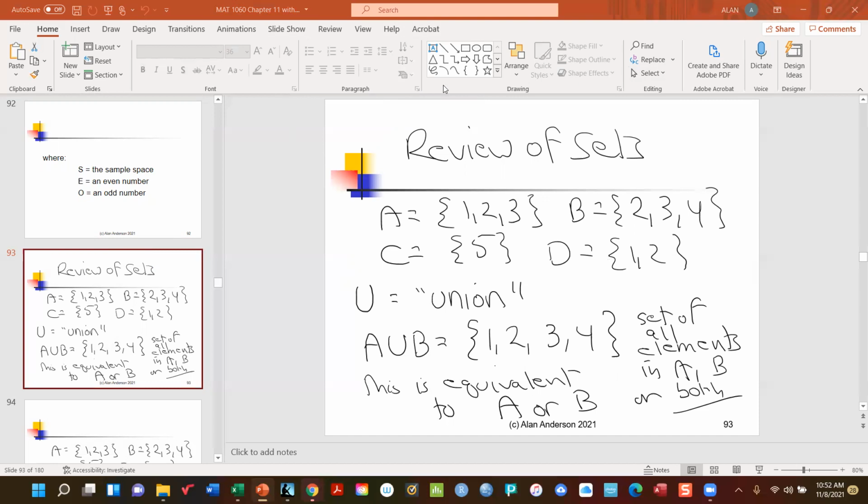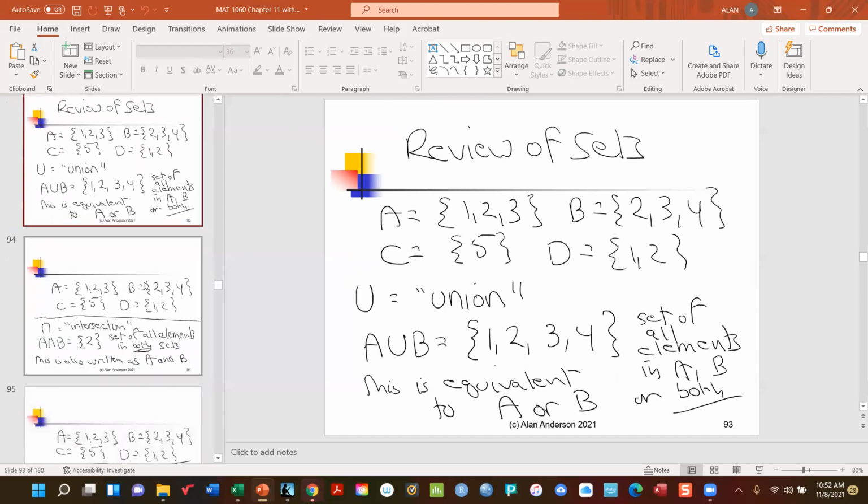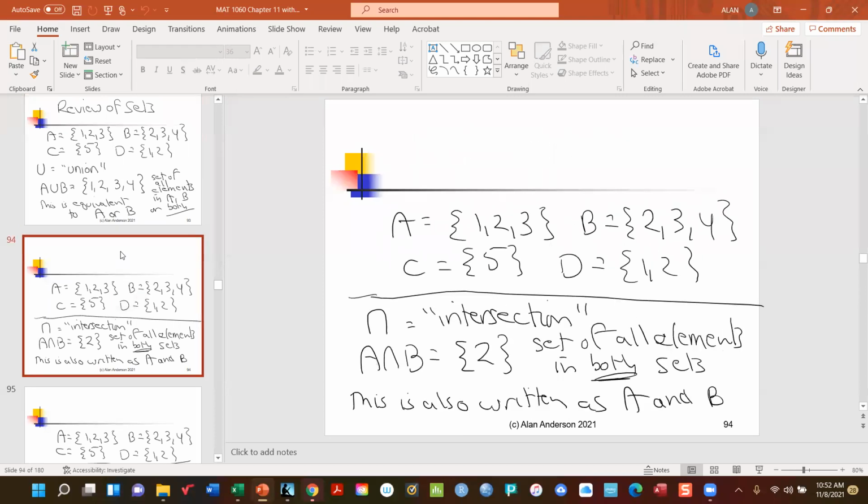So anyway, what's next? Now, we also have this other operator that applies to sets, which is called intersection. It's basically an upside down U. And what it represents is a new set that contains all the elements in both of these sets.